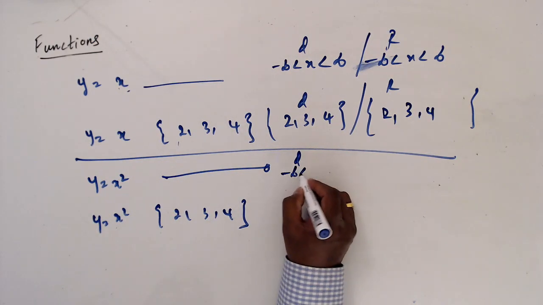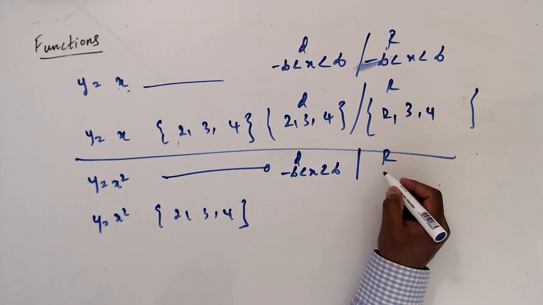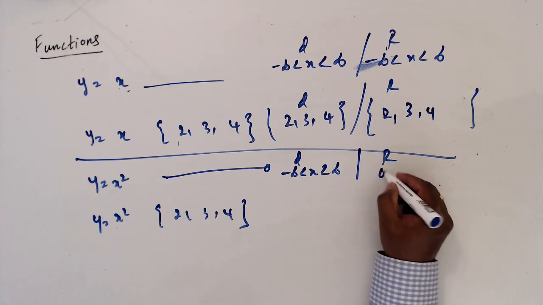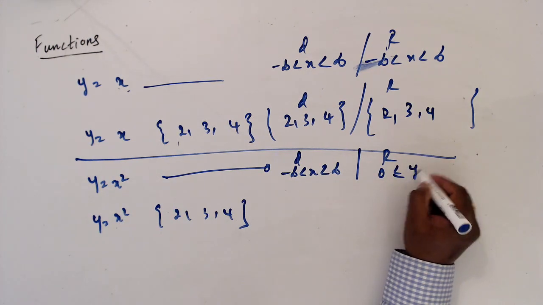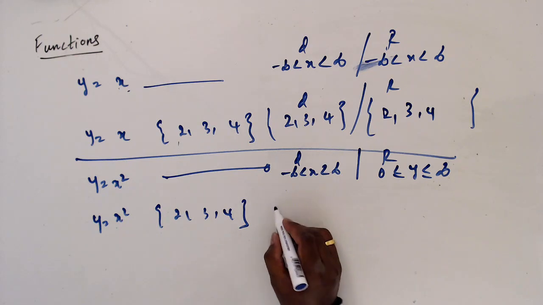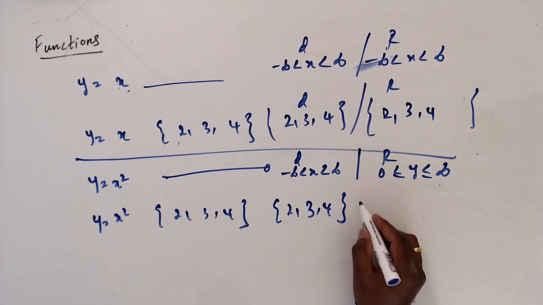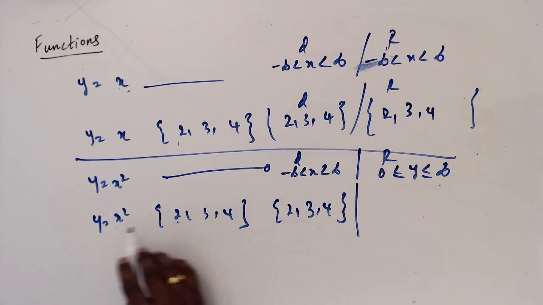It is minus infinity to infinity, and the range is not minus infinity, we discussed it: 0 less than or equal to y less than infinity. But for this one, because they specifically mentioned it, the domain is going to be 2, 3, 4, and the range is going to be 2 square.